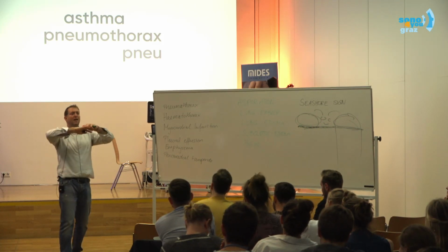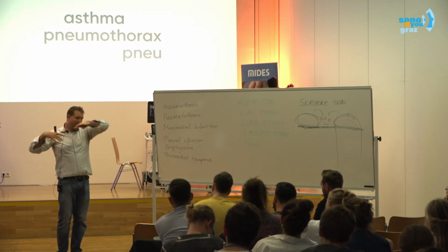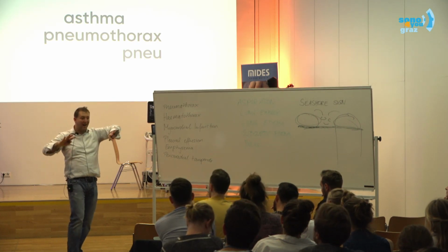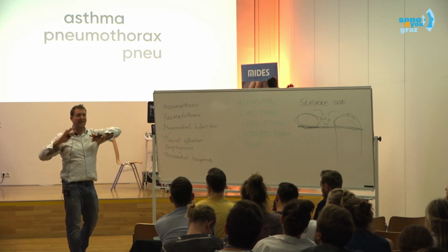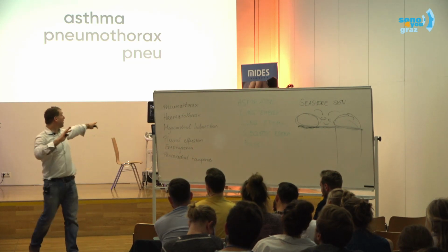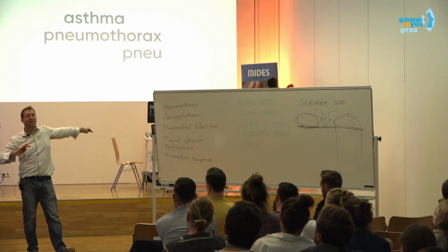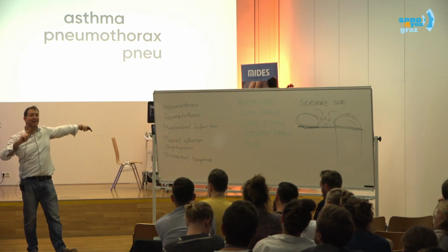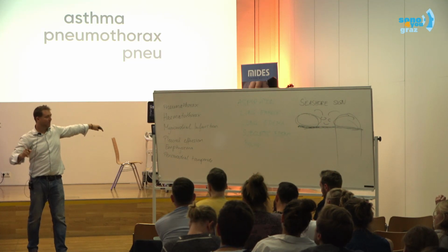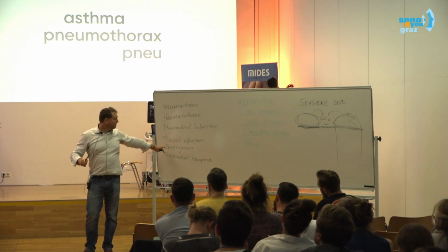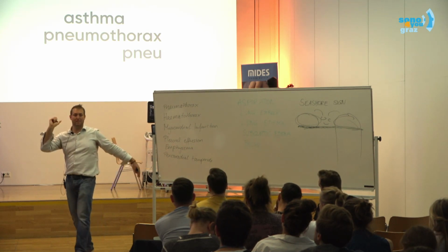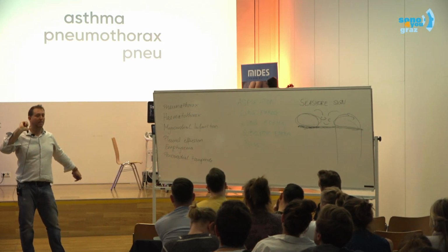So that's why they are hyperinflated, with A lines and lung sliding. So you can die of COPD exacerbation with a perfectly excellent lung pattern like this. Okay? So that's why you still need a stethoscope.